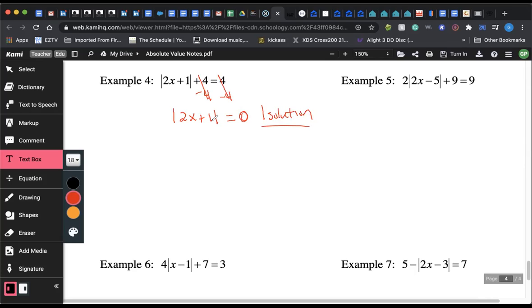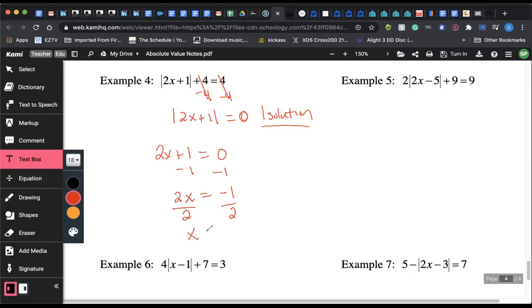So what that means is that I can pretend that those absolute value marks are not there. And I can just do 2x plus 1 is equal to 0. I will subtract 1 from both sides. So 2x is equal to -1. Divide both sides by 2.